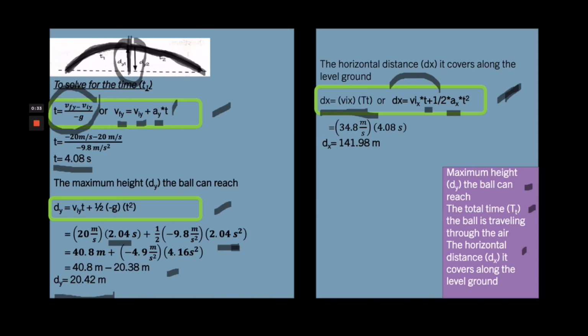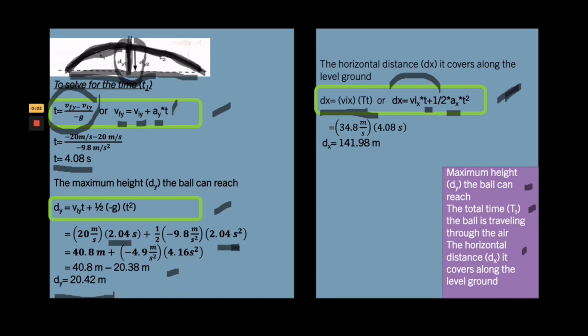Now, displacement x is equal to our initial velocity for the x component, which is 34.8 meter per second earlier. And of course, for the total time, we will be using total time here because we're talking about the range here. So we will be using the total time compared to the displacement for the y, for the highest peak, that would only require half of the time.